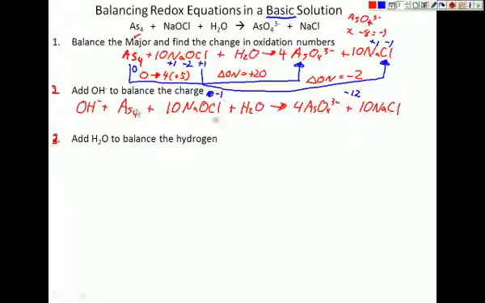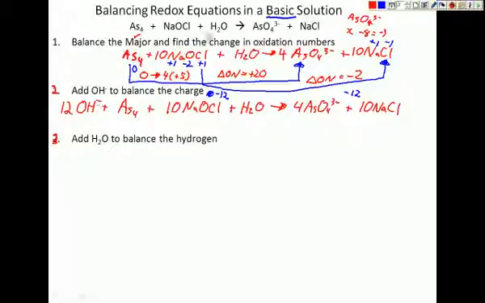So 0, 0, 0, and we have a -1 charge, and this is -12. They're still not equal. So we're going to multiply the OH minus right here by 12. We have 12 OH minuses. Now the total charge on the reactant side is -12, and the total charge on the product side is -12. And what we did is, we added OH minus.